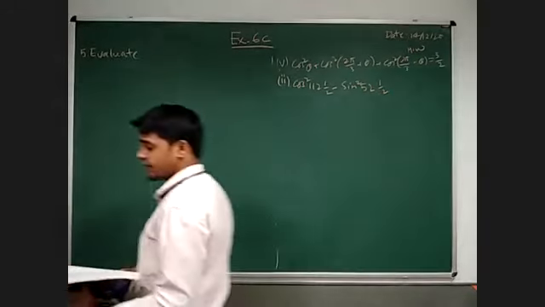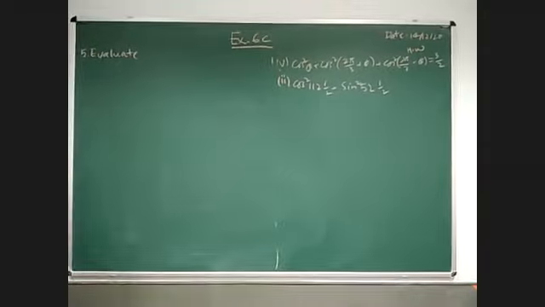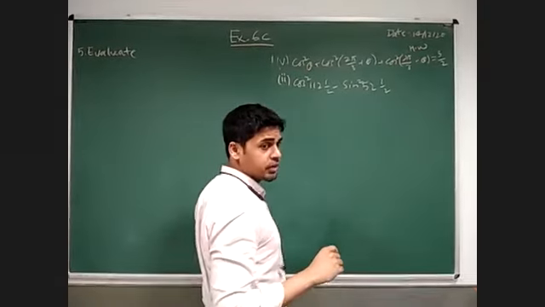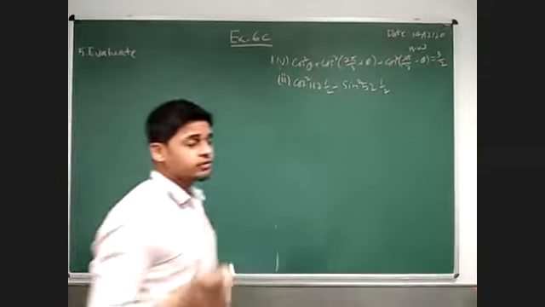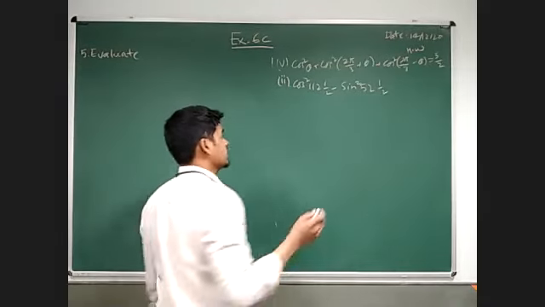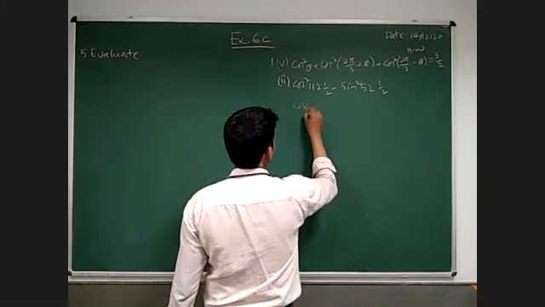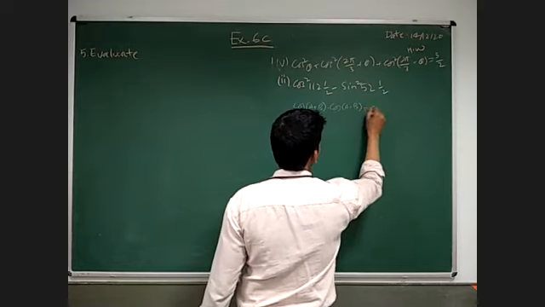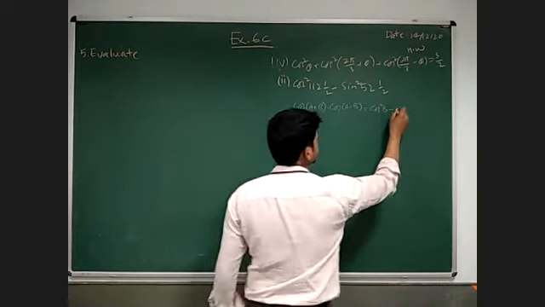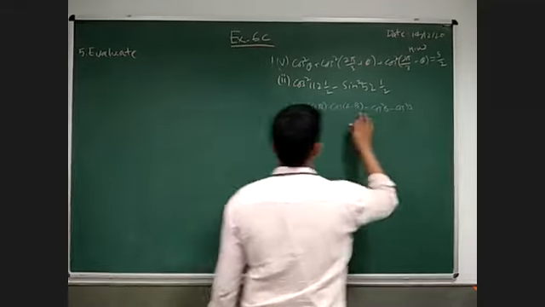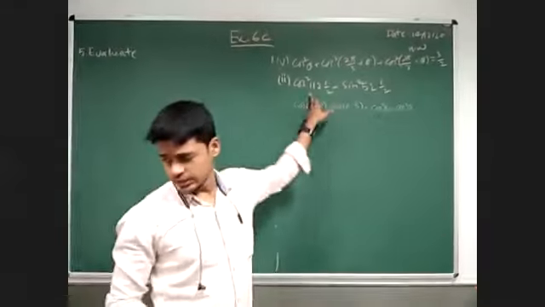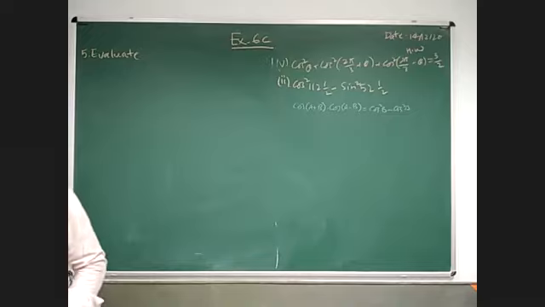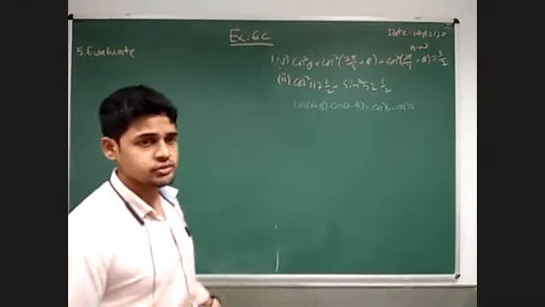So here you have to use the formula of product of compound angles, cos (A plus B) into cos (A minus B), which gives cos square B minus cos square A. After using this formula you are going to get the answer, and the answer will be quite similar to the previous one.